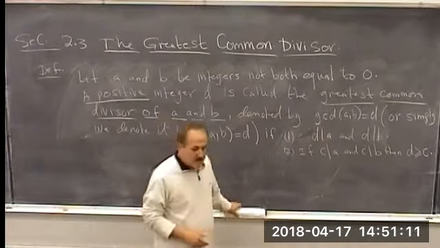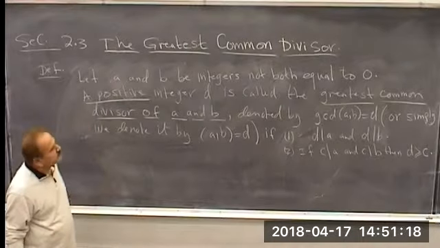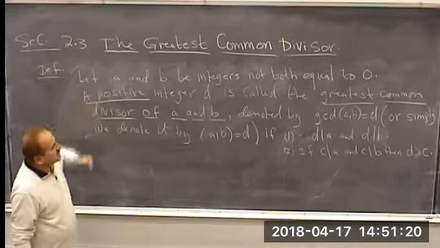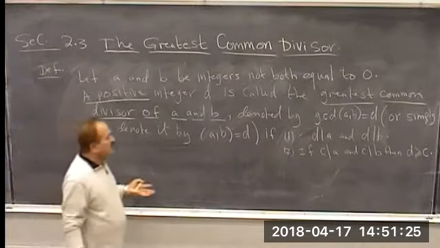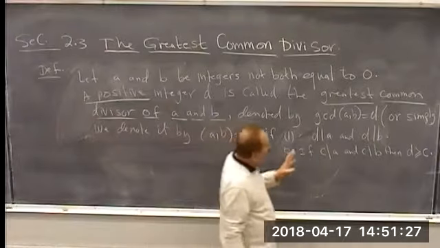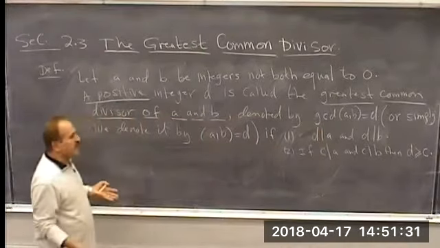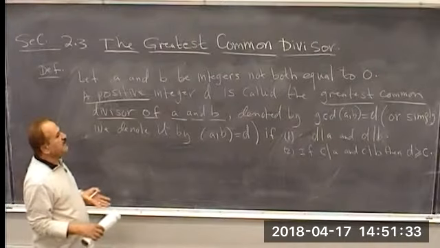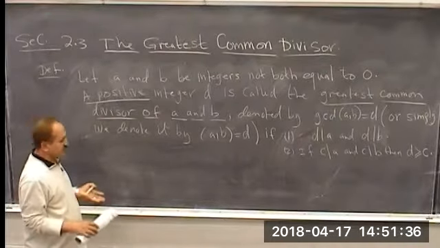Now, in this definition, if we want to apply it as is in order to find the greatest common divisor of two integers, we need to find basically all the positive divisors of the two integers and take the largest among the common ones. All right, meaning the intersection of the divisors, and we take the largest.